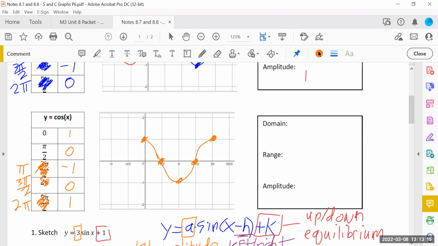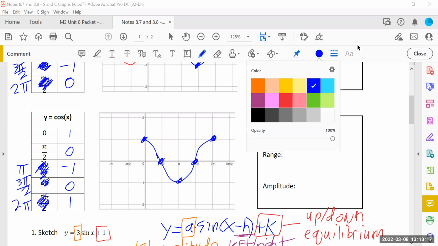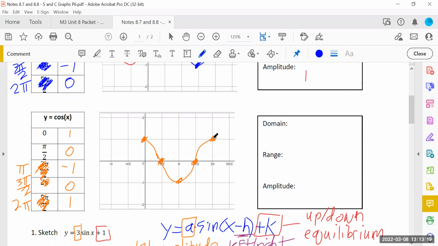That's one repetition for the graph, and then it would repeat just like the other one did. It would just keep going in both directions, following the same pattern. So if it goes on forever in both directions, just like sine, our domain is the same: negative infinity to infinity.